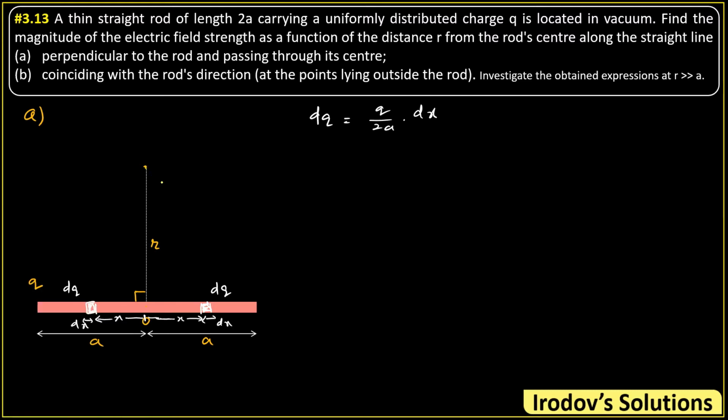So because of this dq, and suppose this angle is theta, the electric field is dE along this direction. And similarly, because of this element dq, symmetrical to this dotted line, these two elements are. Let me redraw it again.